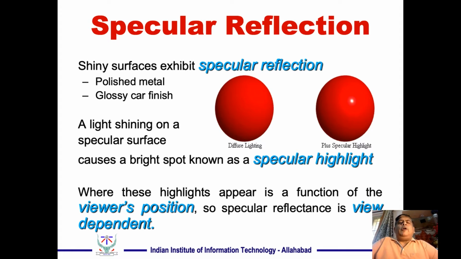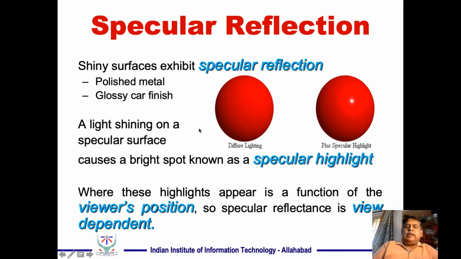Next, we come to shiny objects. Due to the shine that occurs, we feel the object is extremely well polished or the object is rough. So a shiny surface exhibits specular reflection, like polished metal or a glossy car finish that you see here. Here I have two images, one of diffuse lighting, and the other where you add specular lighting to it.